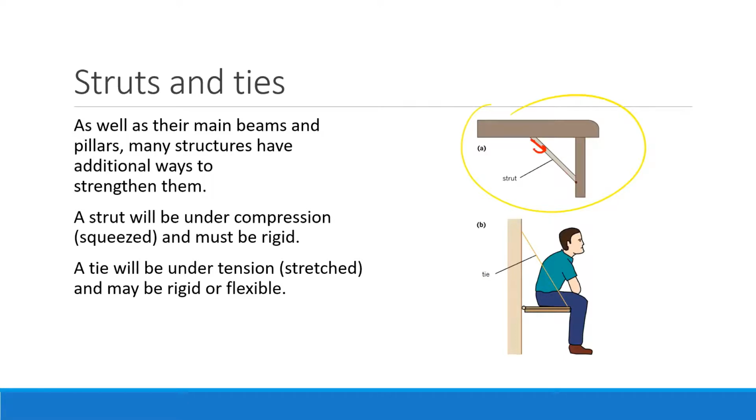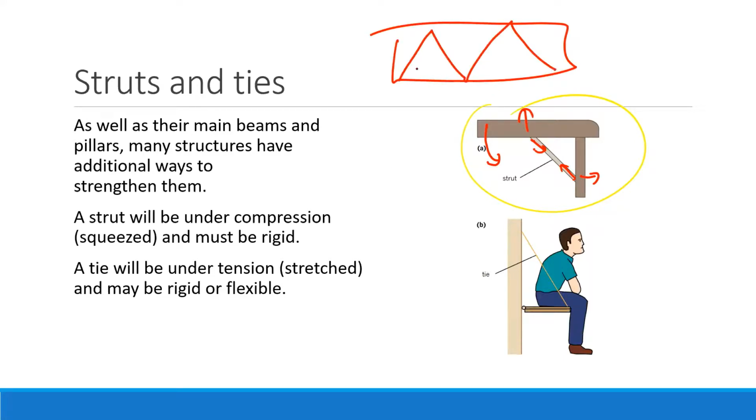If this gets compressed down, then it's going to force the wood up. If this gets compressed in, then this is going to force the wood that way, and that will stop this anti-torque happening here. So sometimes people will put little struts in furniture to keep them strong. Of course, if you've ever seen a bridge before, you know that there are a bunch of struts in the bridge. That's the purpose of a strut.